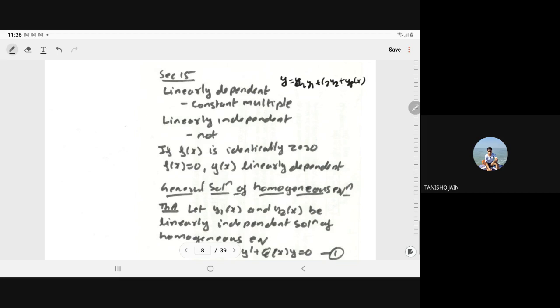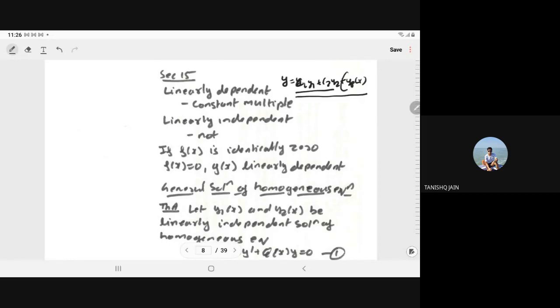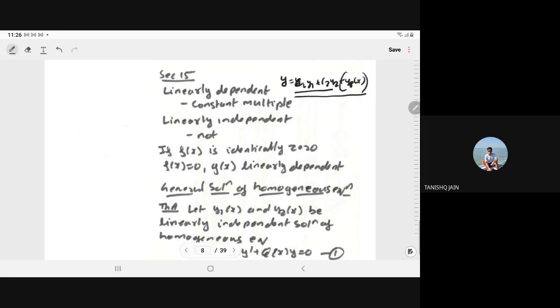This you have to write. That is the main thing. For both homogeneous and non-homogeneous: for the homogeneous this much only, for the non-homogeneous this also, including the yp(x), our particular solution.